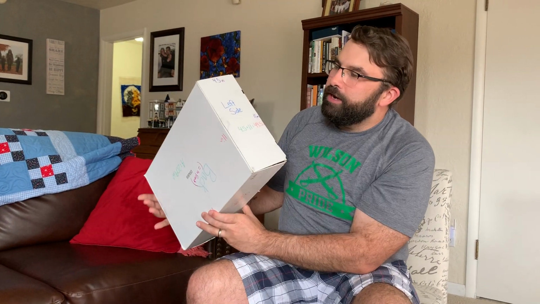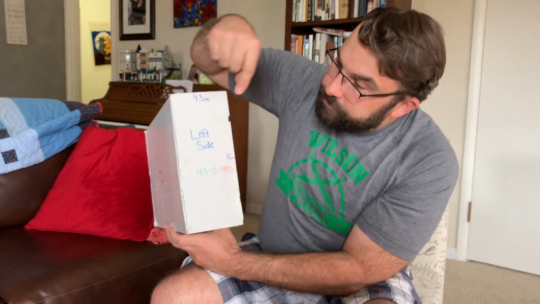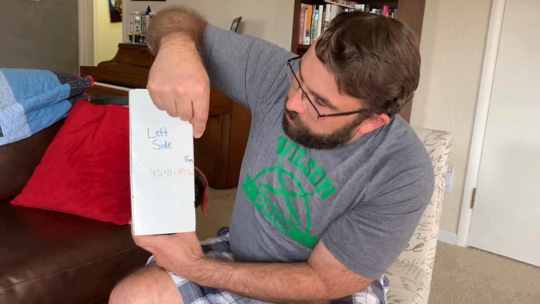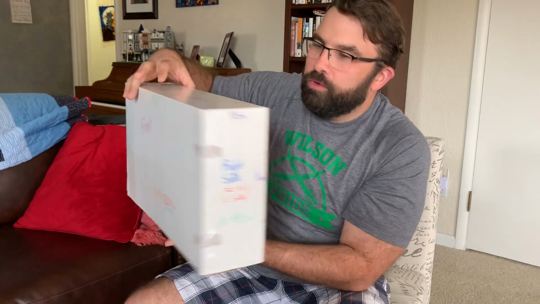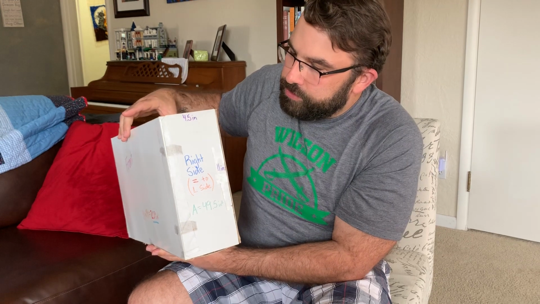Now let's look at the left side. 4.5 by 11. 4.5 times 11 equals 49.5 inches. And what do you know? The right side is the same as the left side. So I just put in 49.5 inches squared.